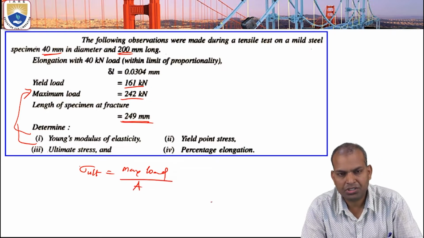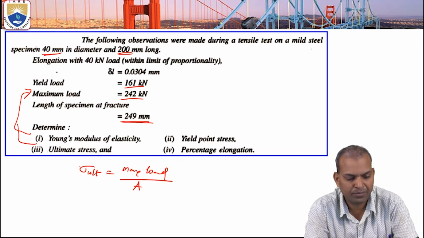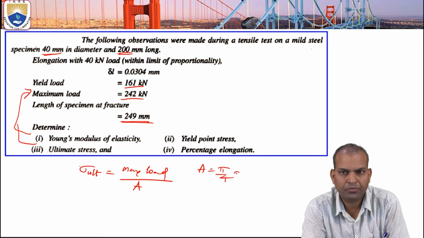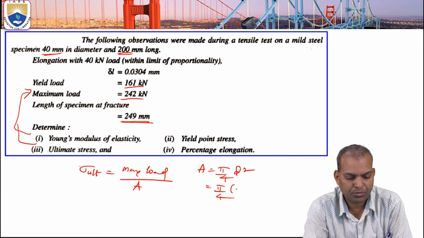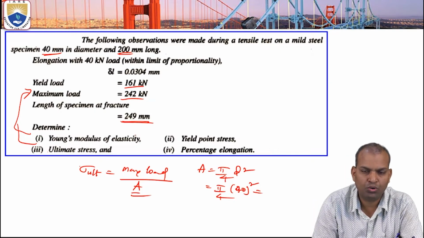The area of cross section remains the same throughout the test, that is 40 millimeters diameter. Area of cross section A equals pi by 4 times d square, that is pi by 4 times the diameter 40 millimeters squared. Thus we will calculate the area of cross section under these loads.